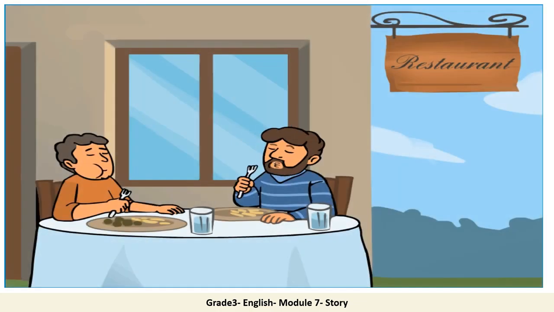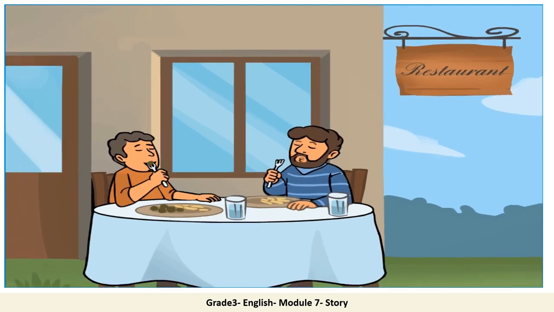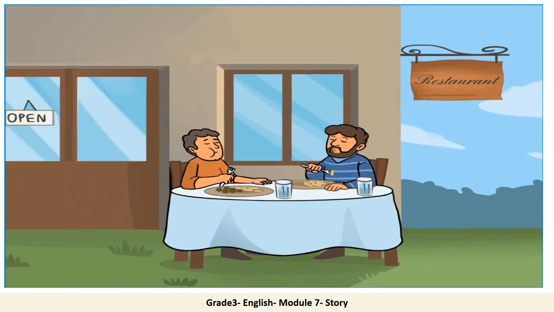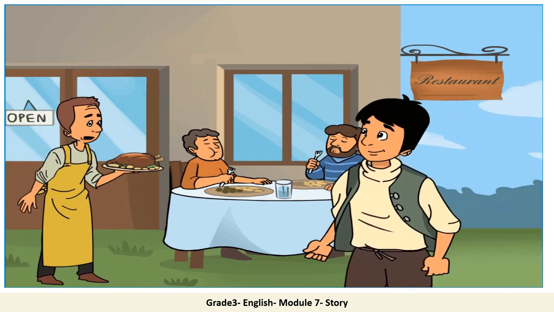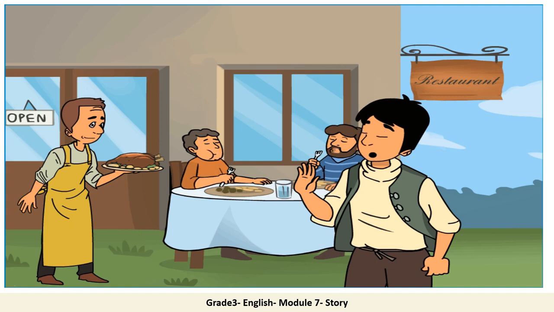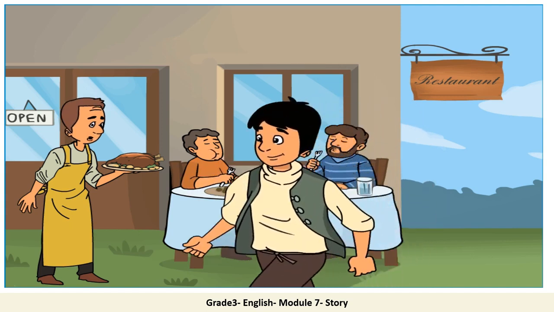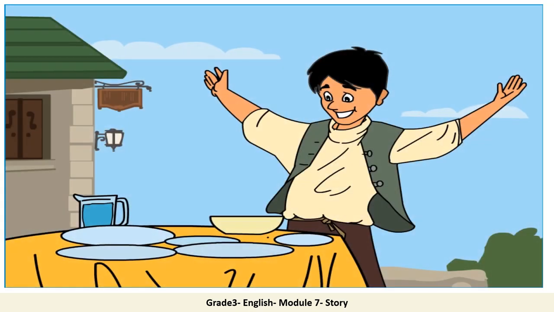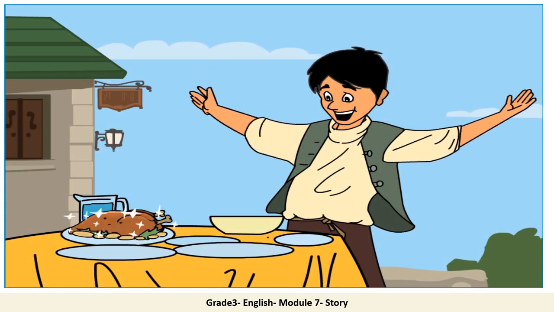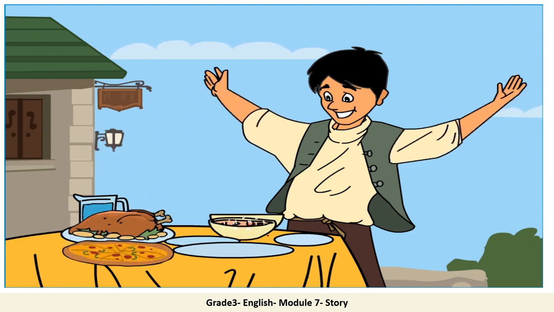The next day, Jack is walking by a restaurant. Hello, sir. What would you like? I don't want food, thank you. I've got food. I've got my table. Later. Table, I want some meat, some pizza, some soup, some spaghetti. Oh, and some fruit.